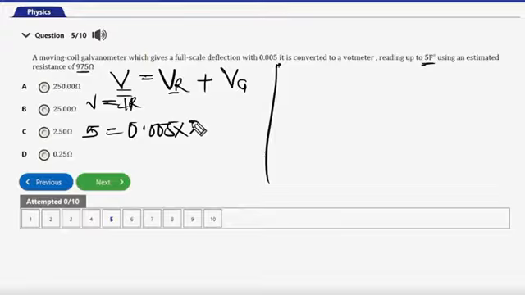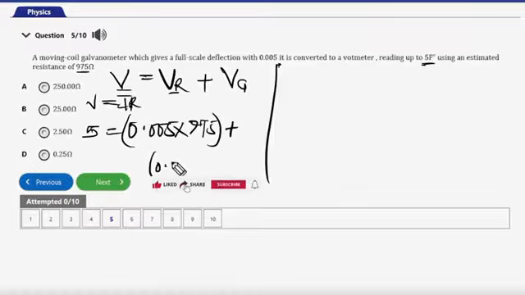So this is 975 ohms, and then this will be added to the current times resistance. That's V for G, which is the current times the resistance of the galvanometer. So we have 0.005 times the resistance of the galvanometer. Actually, that is not given here, and that's what we are looking for. So we are going to write it as RG.